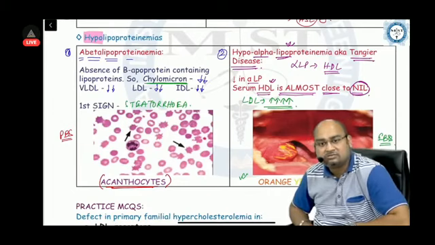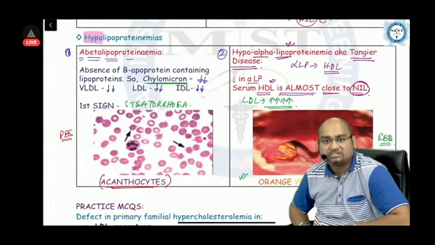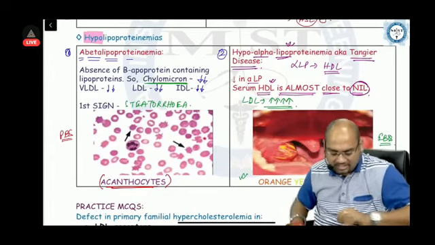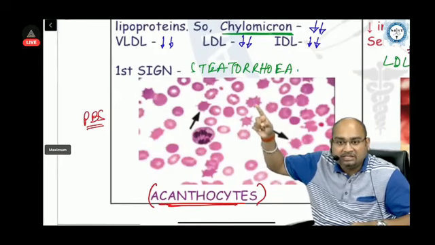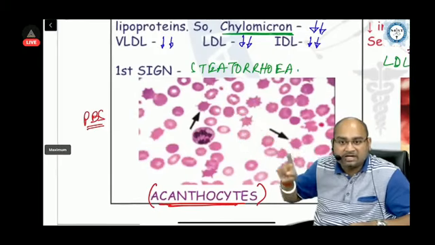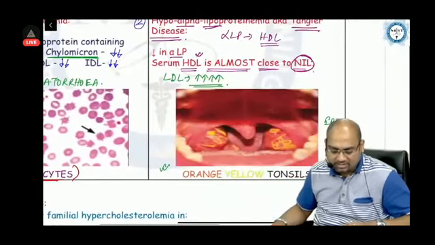So the first sign that you will see in these patients will be, beta, malabsorption of the fats, and due to malabsorption of the fats there will be steatorrhea. And in this sort of patients, beta, the RBCs will show spine-like projections. The spiny projection wala RBCs को हम लोग बोलते हैं, बेटा, acanthocytes.